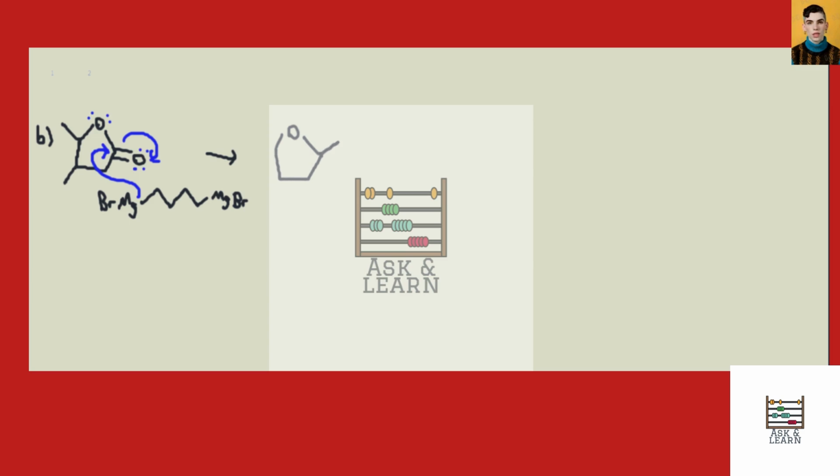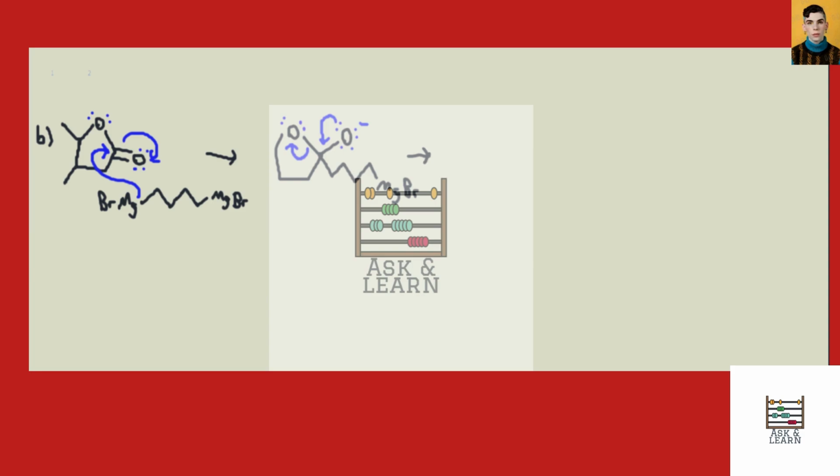And so after that first step, we will be here. So we have our alkoxide. We have 1, 2, 3, 4 carbons, and the other Grignard, or the Grignard that's on the other end of that chain, still intact. Again, that's an alkoxide there. And so very similarly to part A of this problem, the alkoxide can reform that double bond, and the bond between the carbon and the other oxygen can break.